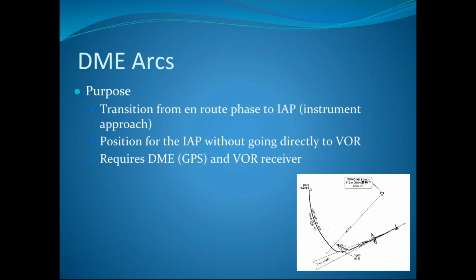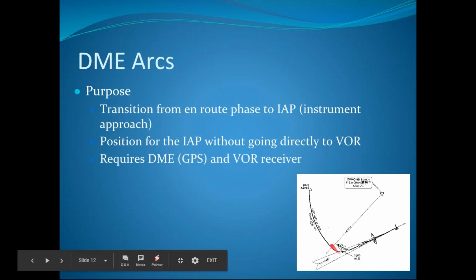But all it's doing is transitioning us from our en route phase to an instrument approach. So as the pilot flies over this fix, he'll go into a bank at a set rate and maintain this DME from this VOR.